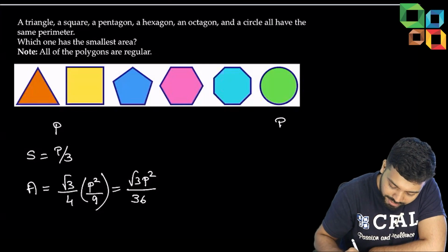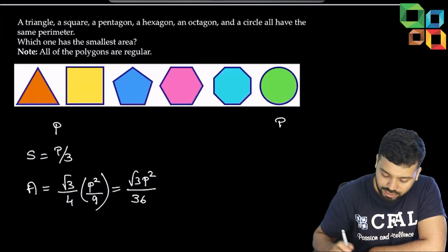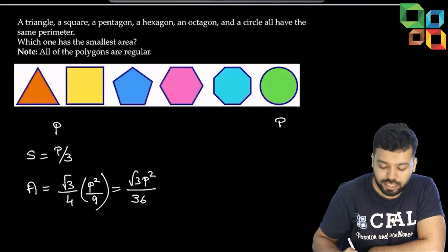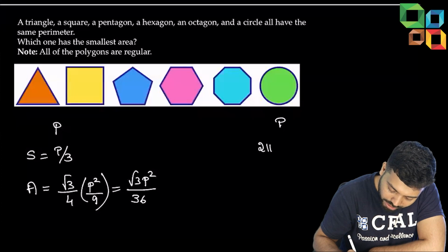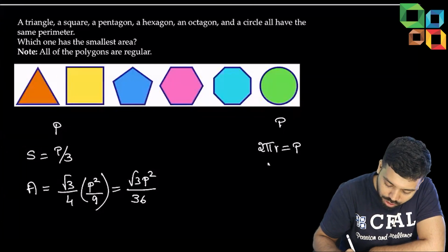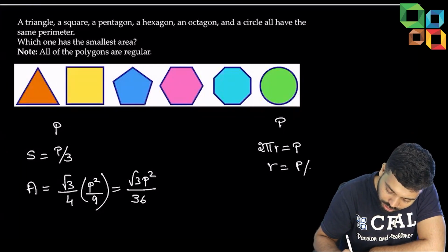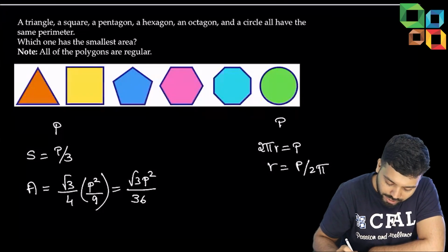Now, what is the radius in the case of the circle? If P is the perimeter, 2 pi r is P, correct? Perimeter is 2 pi r. So we will get r to be P by 2 pi. So what will be my area?